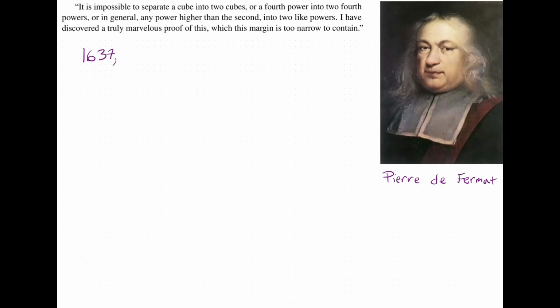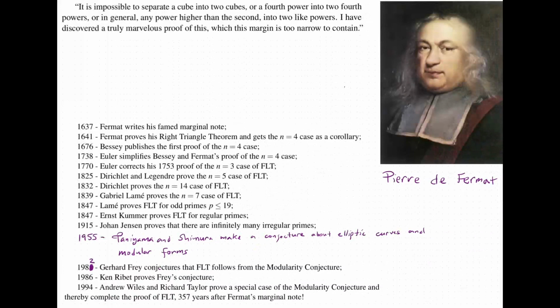It is incorrectly stated by many that Fermat had a proof, and that is not true. He wrote this note in the margins of a text, never expecting anyone to read that note. 4 years later, we know through his correspondences that he did prove Fermat's last theorem in the n equals 4 case, but he never claimed in any of his correspondences to have proven the general statement that we see in the marginal note.